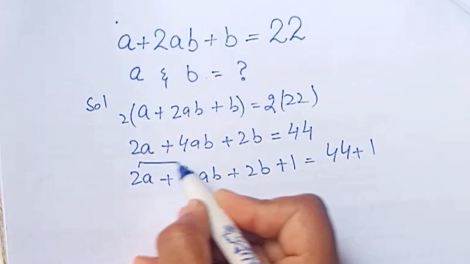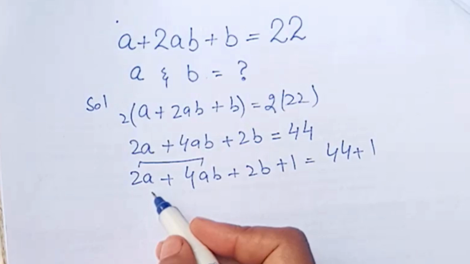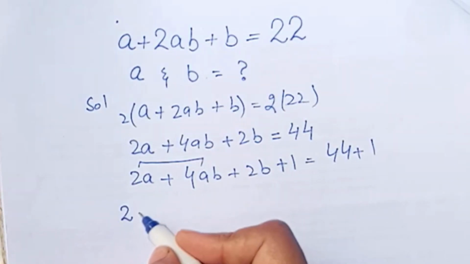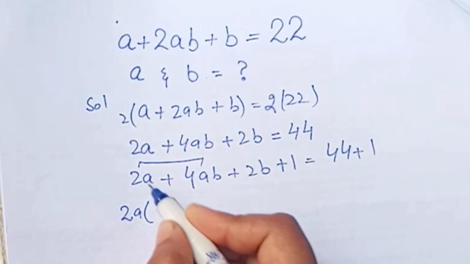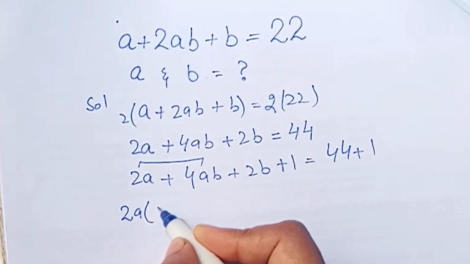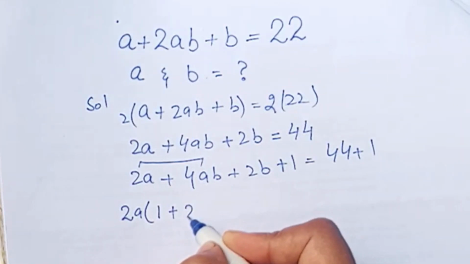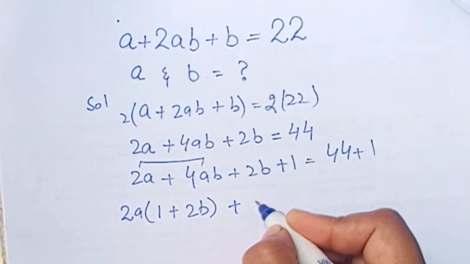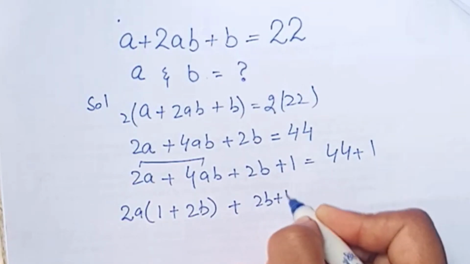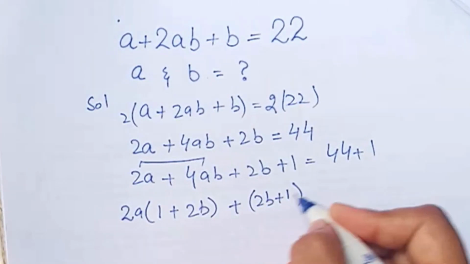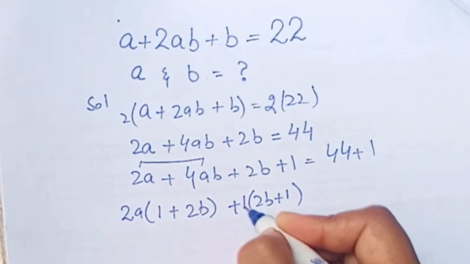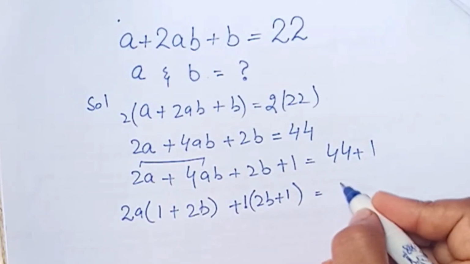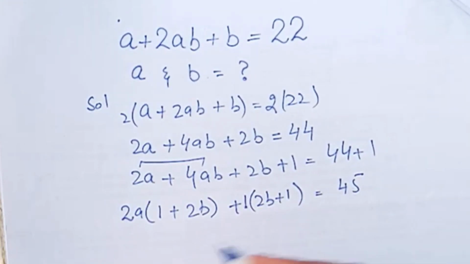Now look at the first two terms: 2a is involved in both, so we factor out 2a, and the remaining value is 1 plus 2b. Plus 2b plus 1. We multiply this term by 1, we also get this term. So 44 plus 1 is 45.